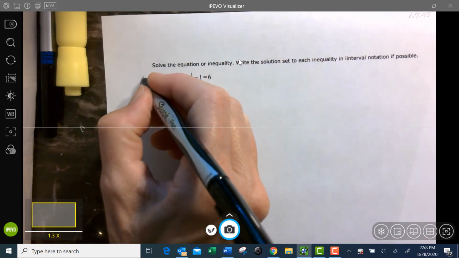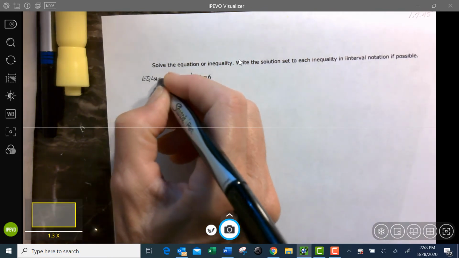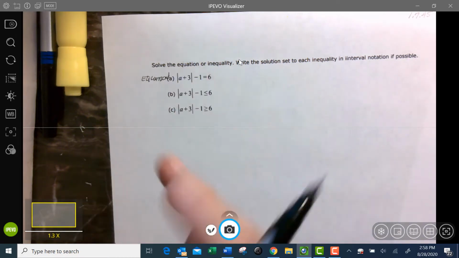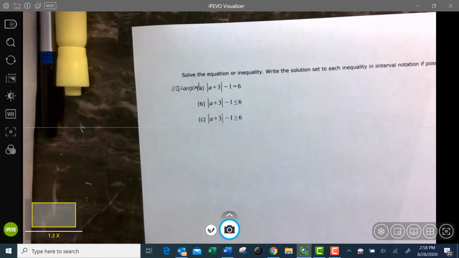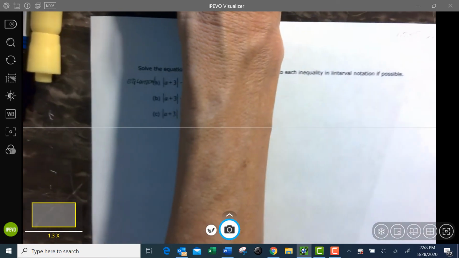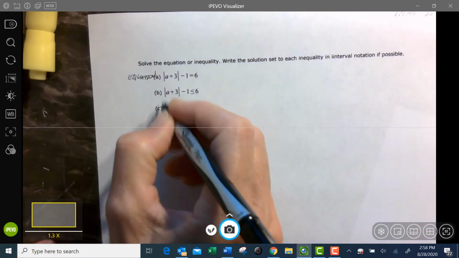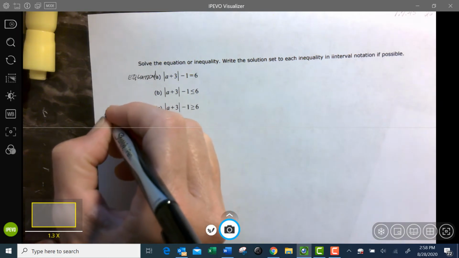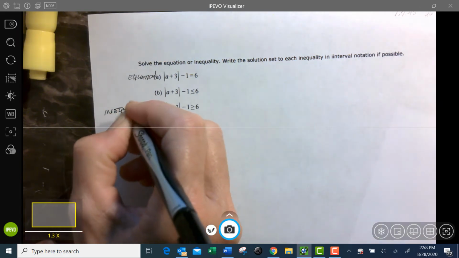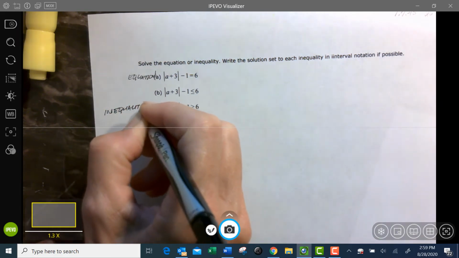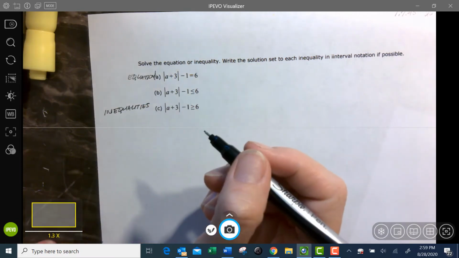Note that part A is an equation. So with it being an equation, that means we'll have probably two solutions to it. The second two, B and C, are both inequalities. So absolute value inequalities.